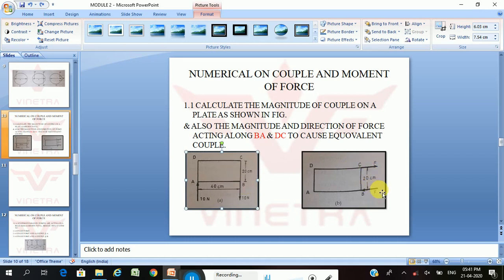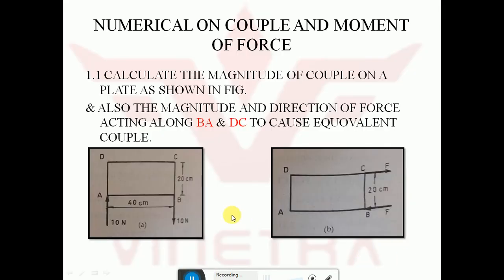See here these two forces, one force is acting in the left hand side direction and this force is pulling the bar in this direction. Because of this also the body will start to rotate in the clockwise direction. So this is how it behaves because of the two equal and opposite forces.